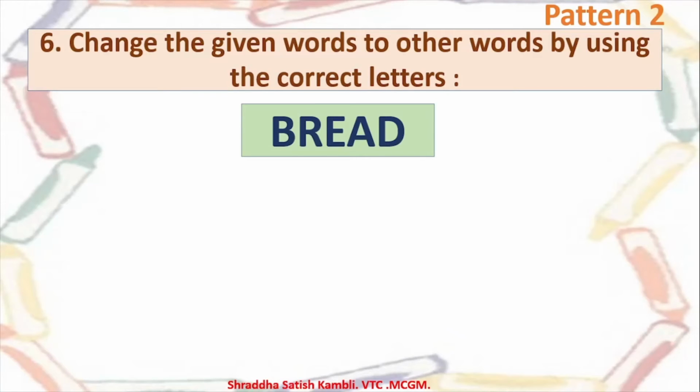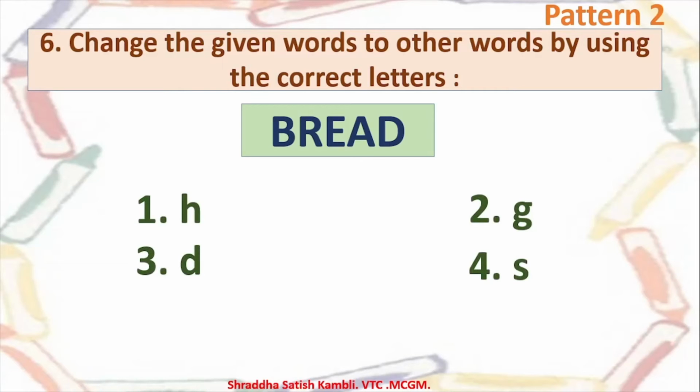So let us see which letter you will use. You have H, D, G, and S. So 1 is H, 2 is G, 3 is D, and 4 is S.